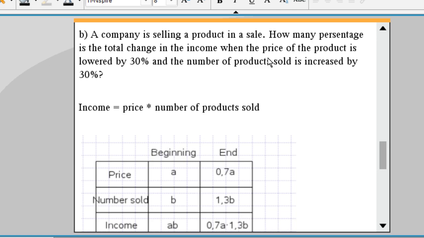So the price is lowered by 30%, but at the same time the number of products sold would be increased by 30%.